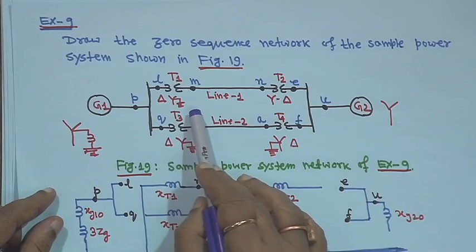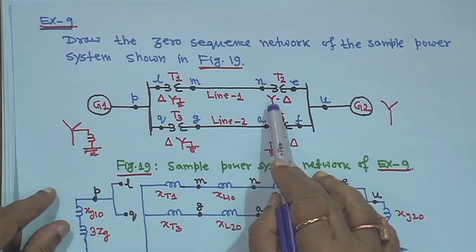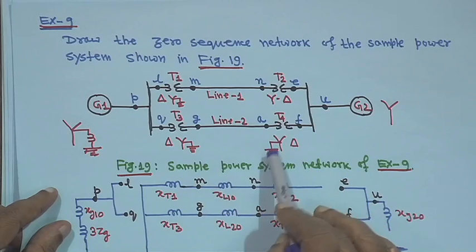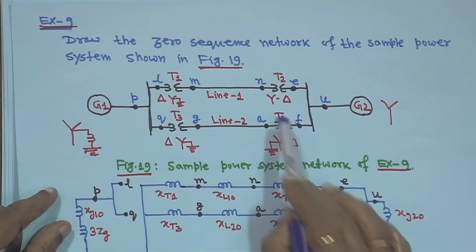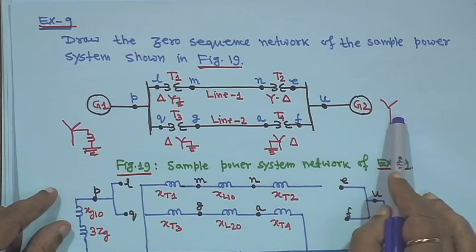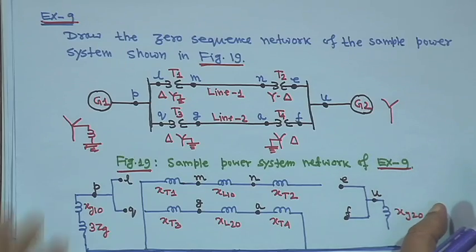This is a delta-star transformer, with star grounded; this is star-delta, ungrounded; delta-star, star grounded; and here a delta transformer where the star is not grounded, and here it is star. In this case you have to draw the zero sequence network.